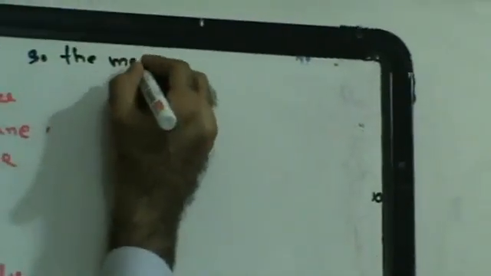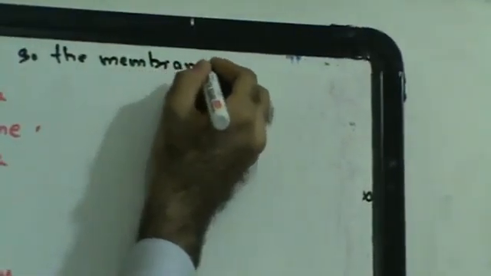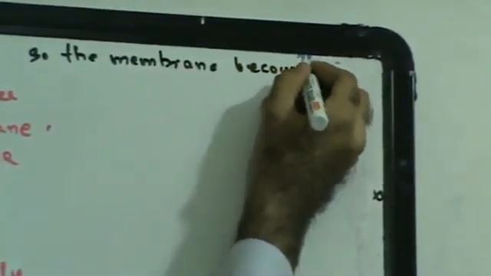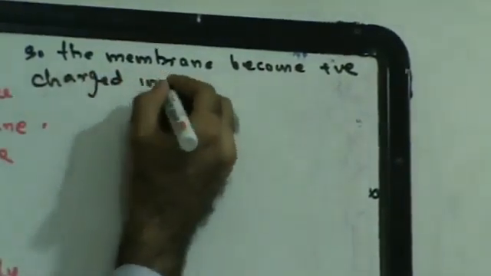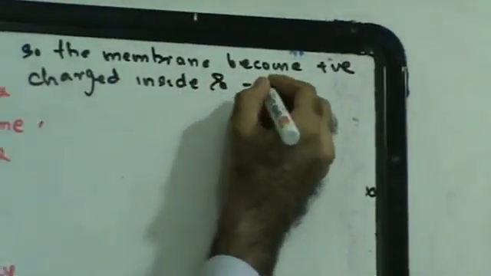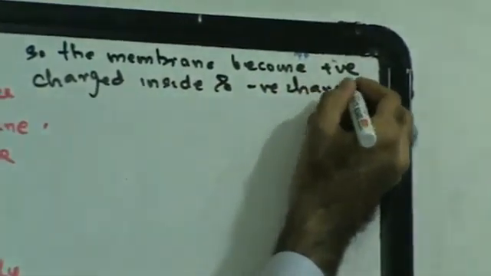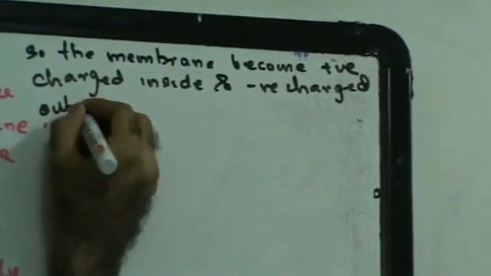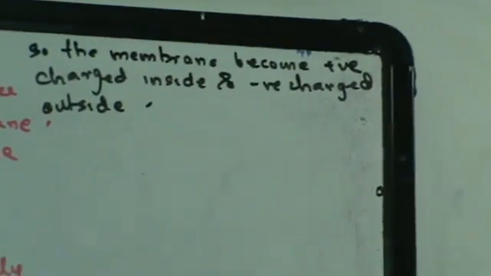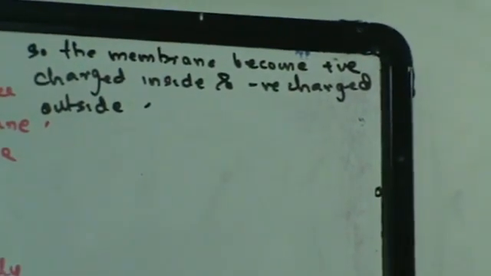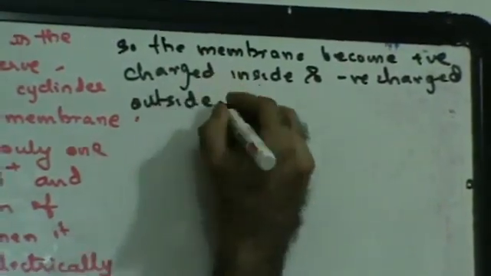The membrane becomes positively charged inside and negatively charged outside because of this movement of sodium and potassium ions. Right?